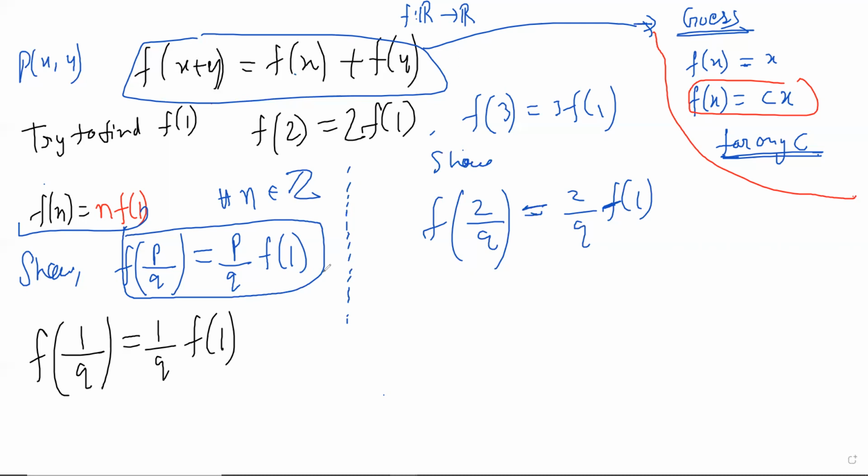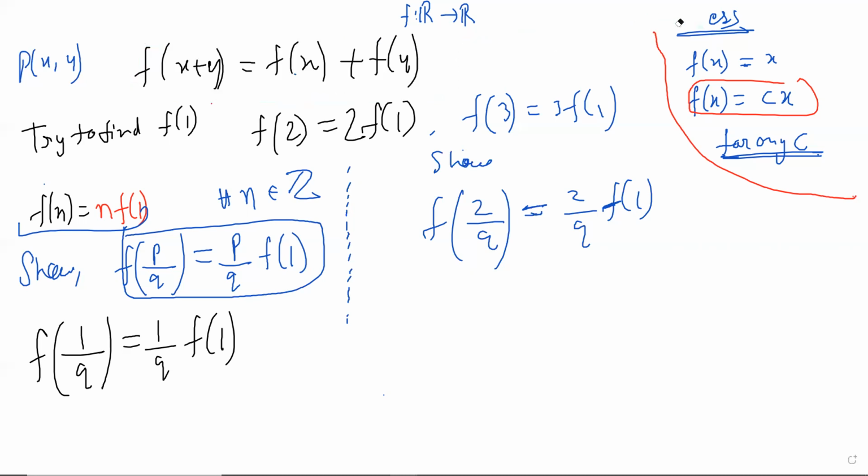We did it for 1, like we did for 1 by q. Now we're just trying to do it for 2 by q. So you can use linearity maybe to split the 2 by q into 1 by q plus 1 by q. Yes, absolutely. And then you get it. So now just use the linearity.